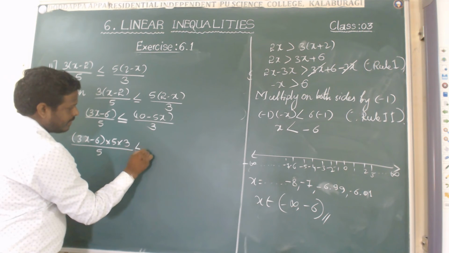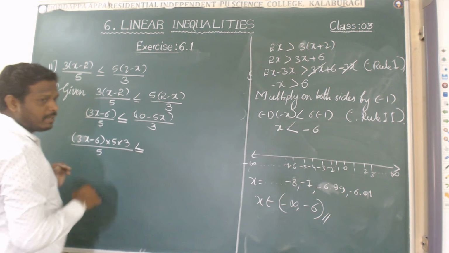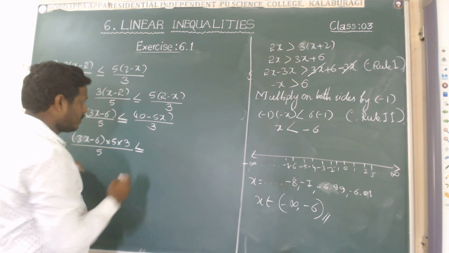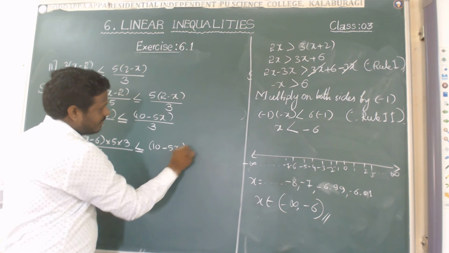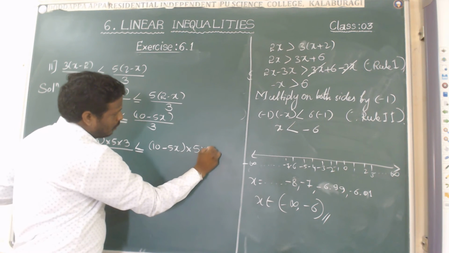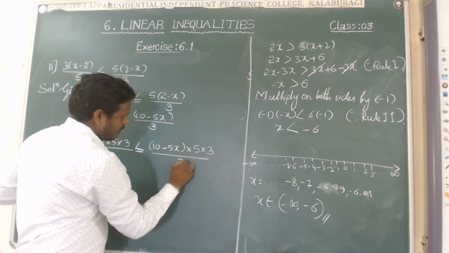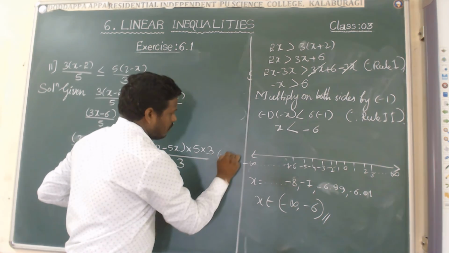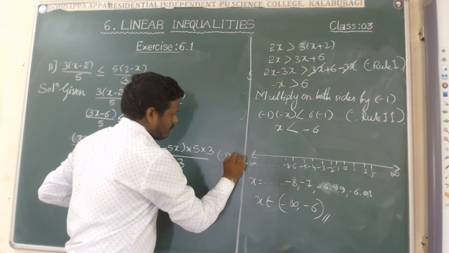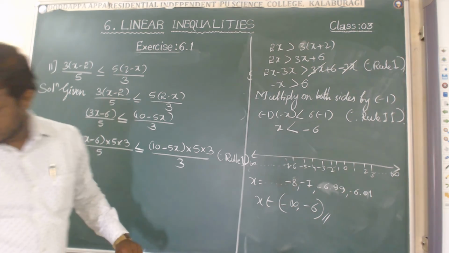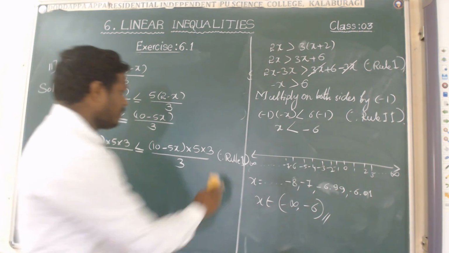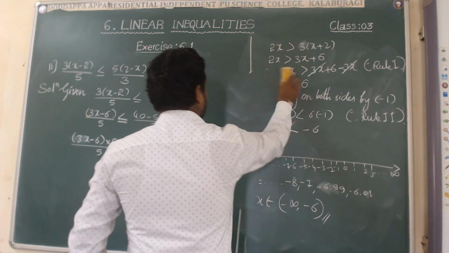The symbol will be the same, because I am multiplying with positive numbers: 10 minus 5x into 5 into 3 divided by 3, by using the second rule. Write that in the proper way. Okay, I will do this one.